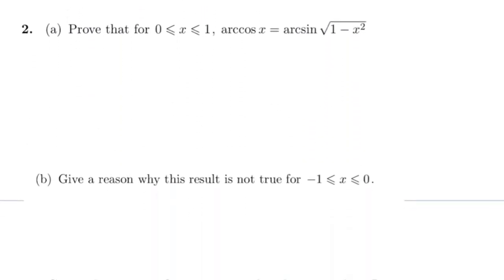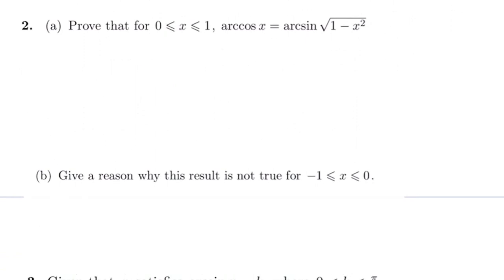Question 2 says, prove that for 0 less than or equal to x less than or equal to 1, arc cos x equals arc sine of the square root of 1 minus x squared. Okay, so we're going to start with let y equal arc cos of x.